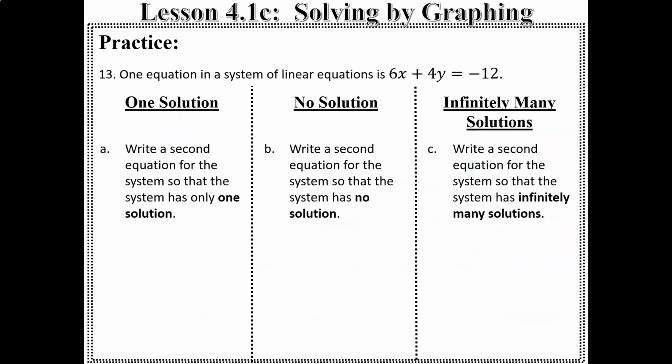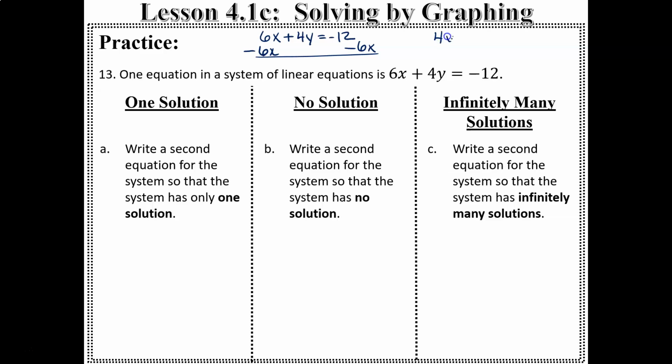All right, we have one more here. One equation in a system of linear equations is 6x plus 4y equals negative 12. So we have to write a second equation to make that a system that'll have one solution, no solutions, and infinitely many solutions. So the first thing we're going to do is move that around to slope-intercept form. I'm going to subtract 6x from both sides.